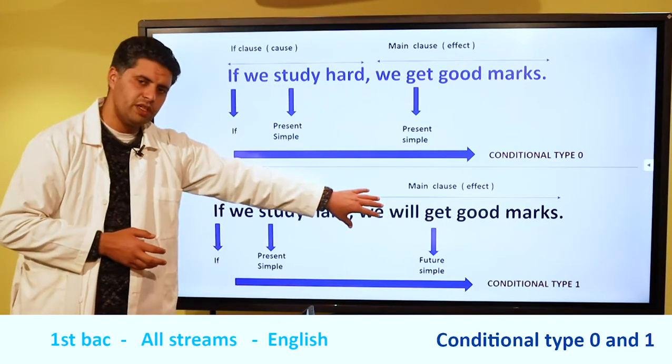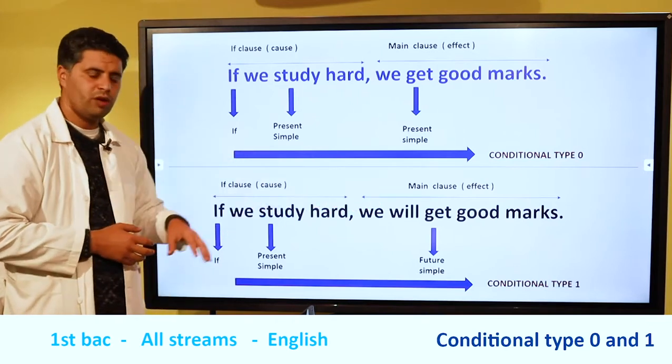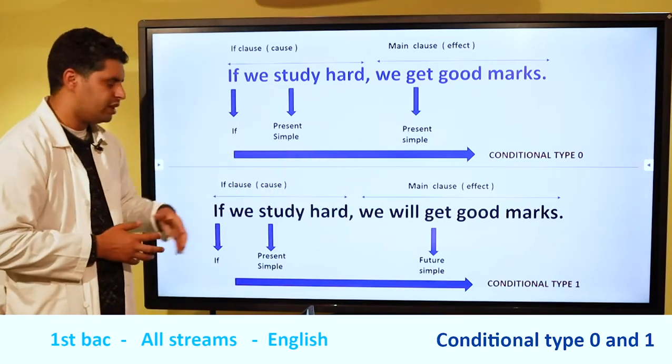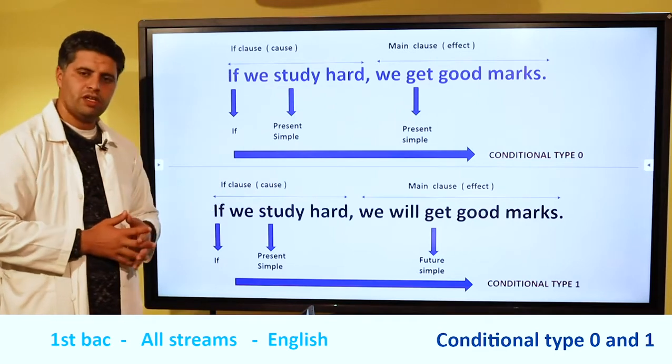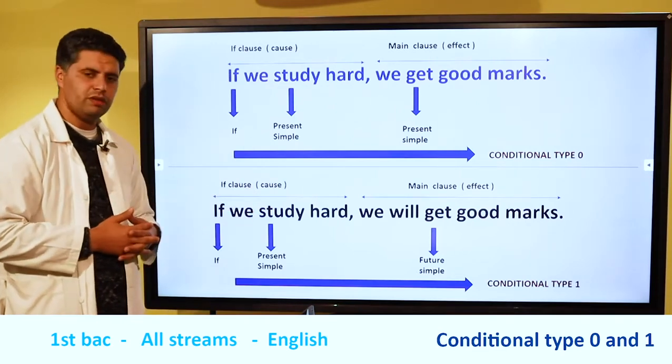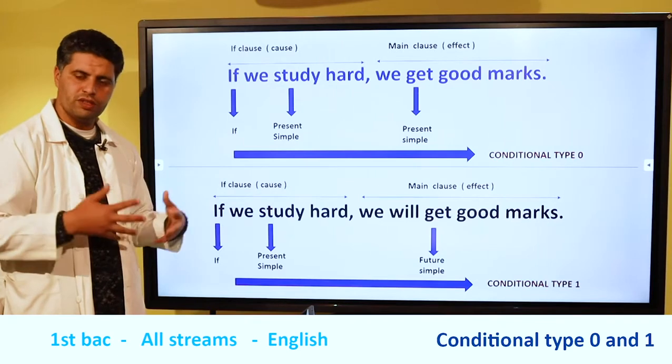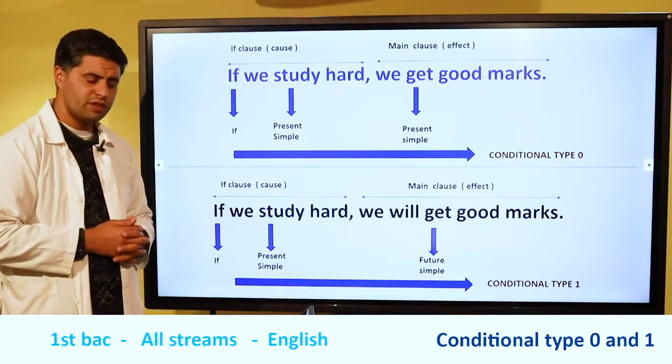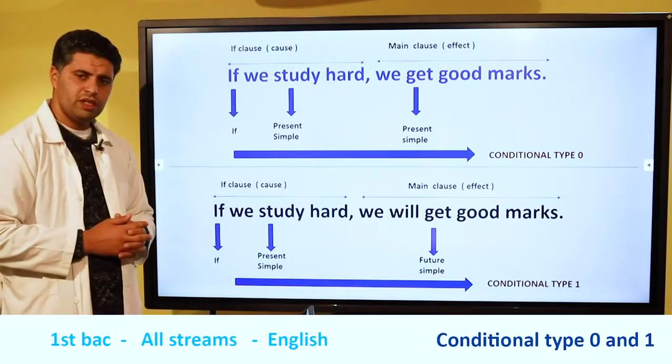So here we have a result and a cause, or we have effect and a cause. Okay, so the if clause is always associated with the cause, and the main clause is always associated with the effect. Okay, but here the structure is different.